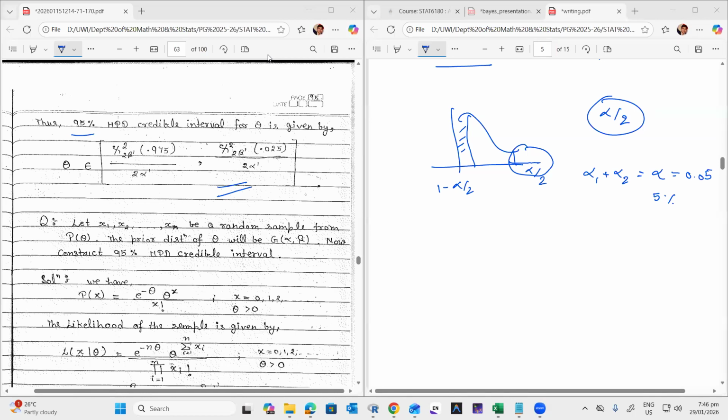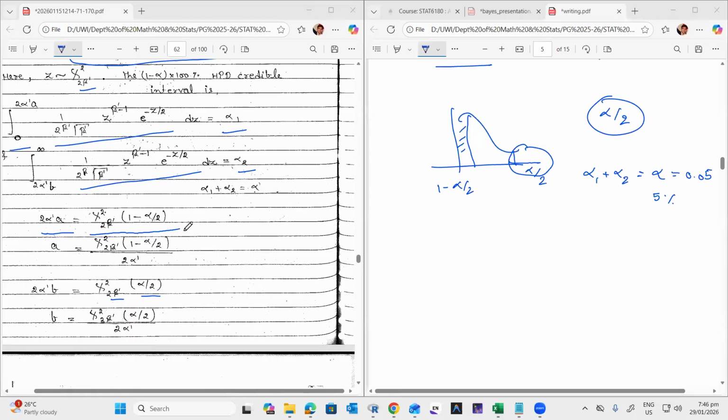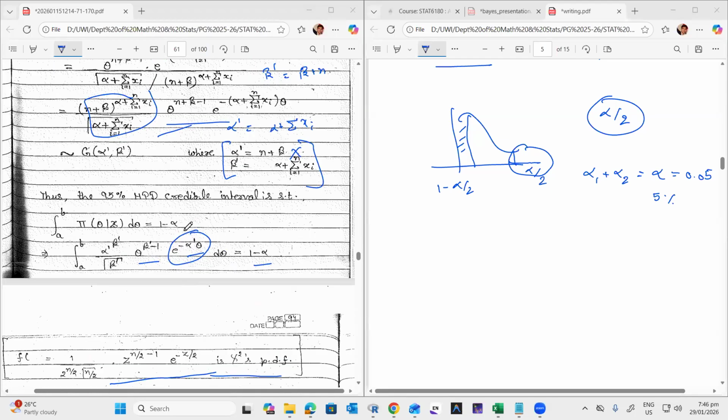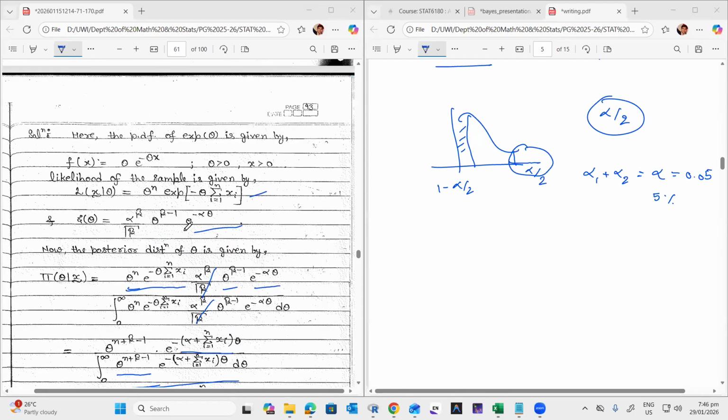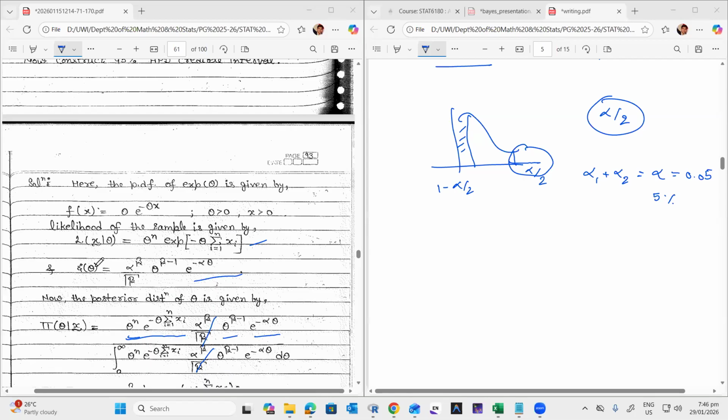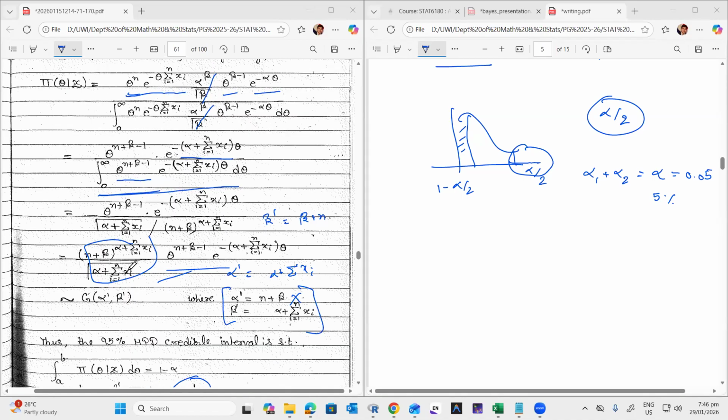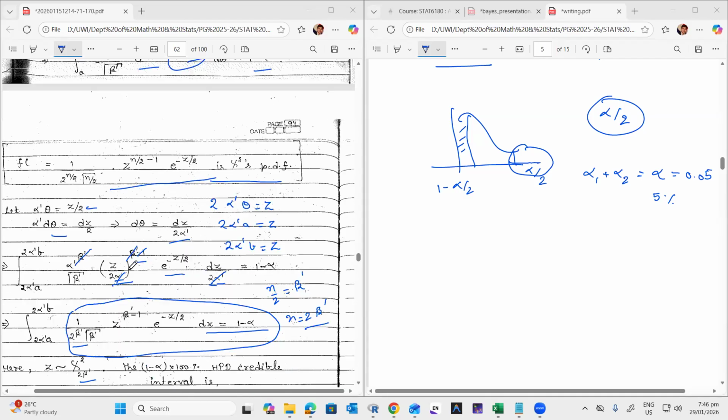Okay, so quick question. What is the difference between the symbol used for the prior in this example and the last one? Why is it G theta in the last question? Where are we using G theta?